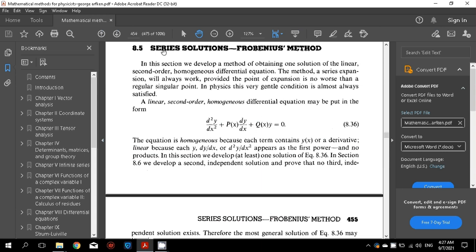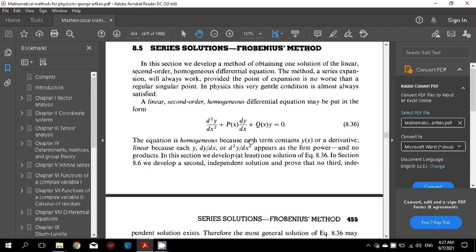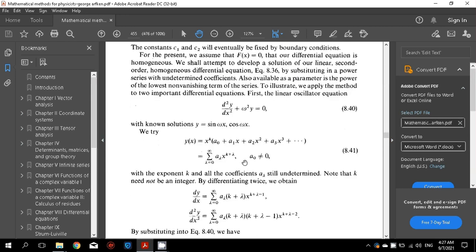Right. So what we will do in this technique, why we call it the series solution, is that we will assume that our function y can be written as a series. This is the infinite series which we will use instead of y(x), equal to the sum over lambda from 0 to infinity of a lambda x power k plus lambda, with a naught not equal to 0.